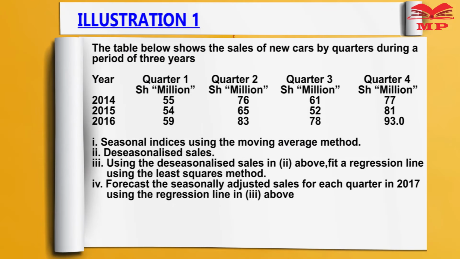The question reads that the table below shows the sales of new cars by quarters during a period of 3 years.